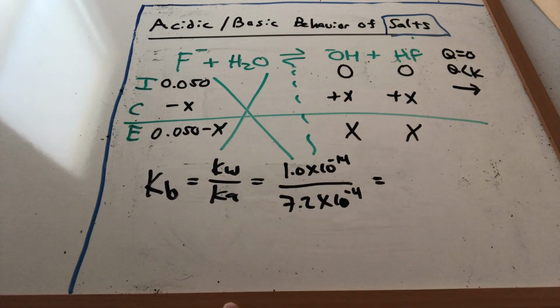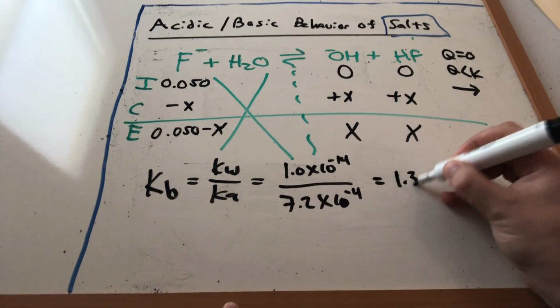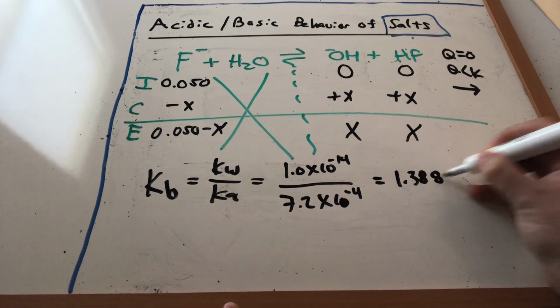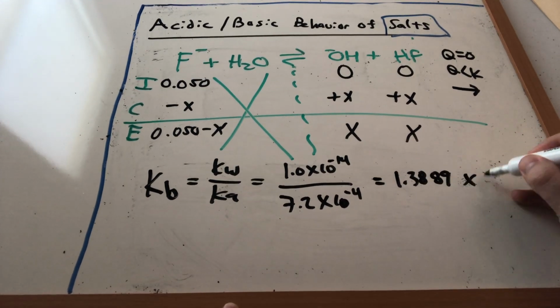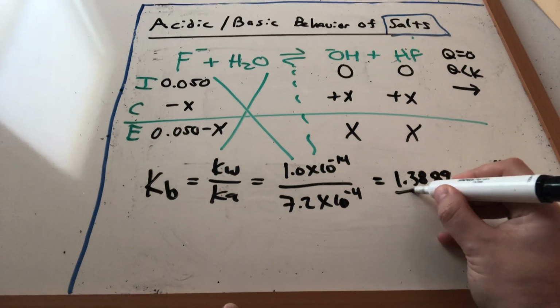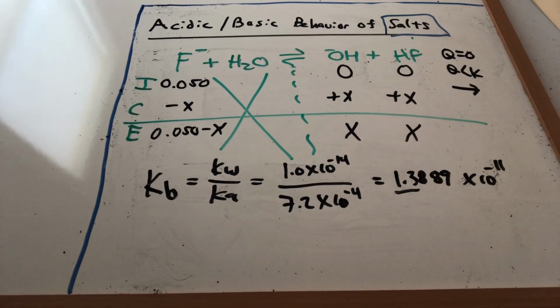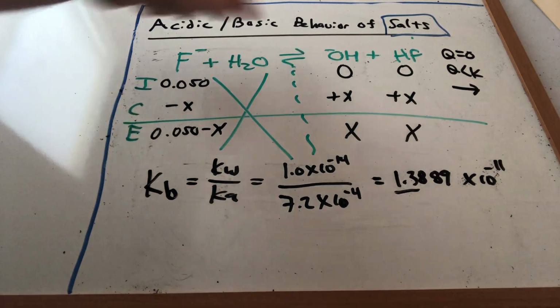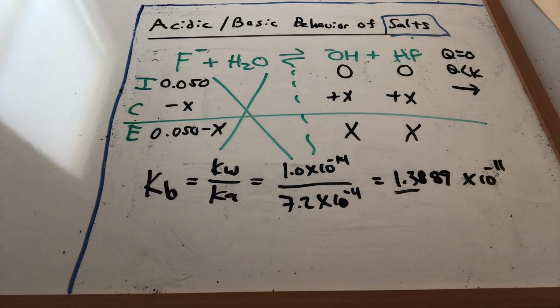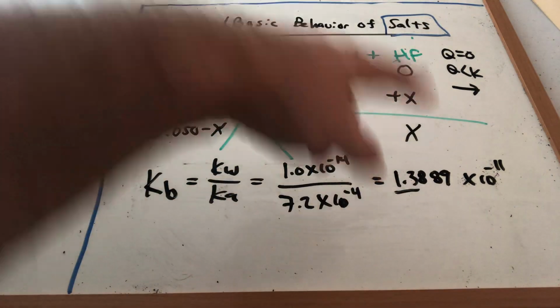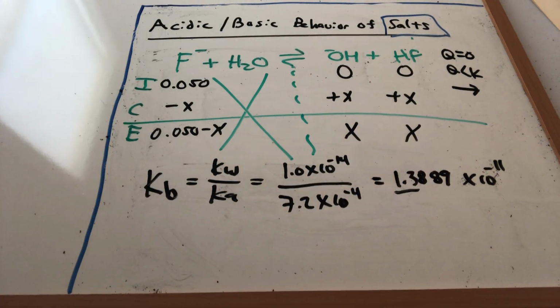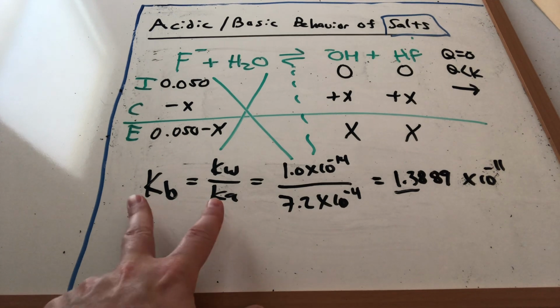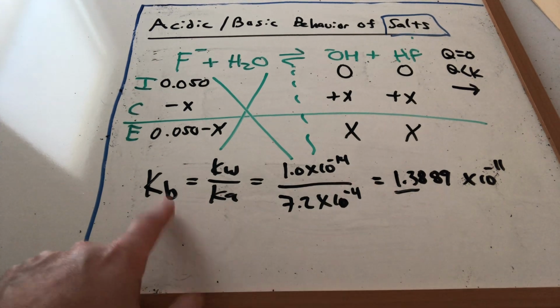If I plug these into my calculator, the number I get is 1.388 times 10 to the minus 11, with two significant figures. This is Kb for F minus acting like a base and generating OH minus. This is the Kb associated with this ICE table. So we use this relationship to now get a Kb.